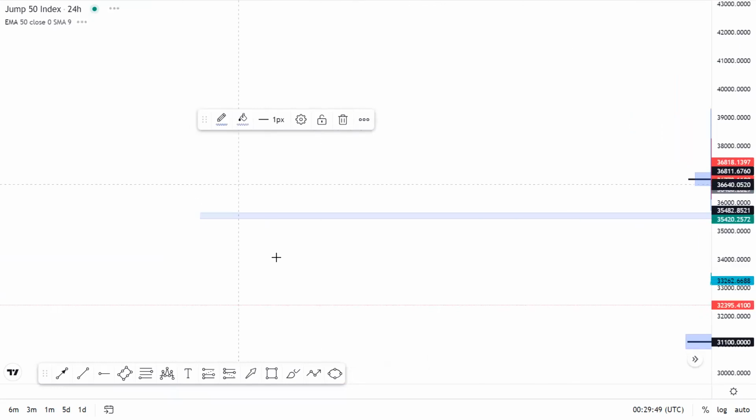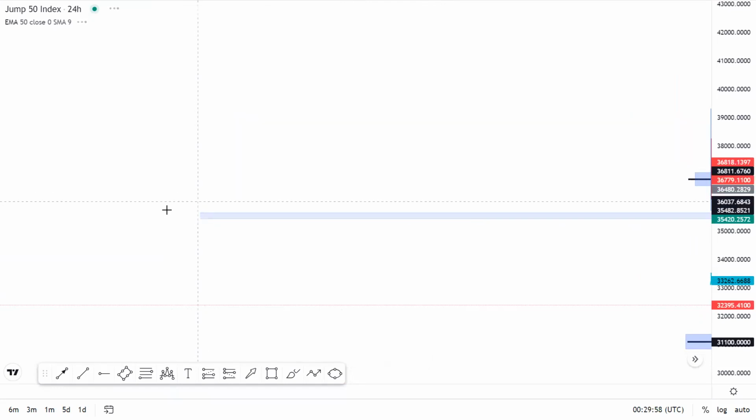So I'm trying to see if we can get price data from the past. I don't know why this is not loading up.